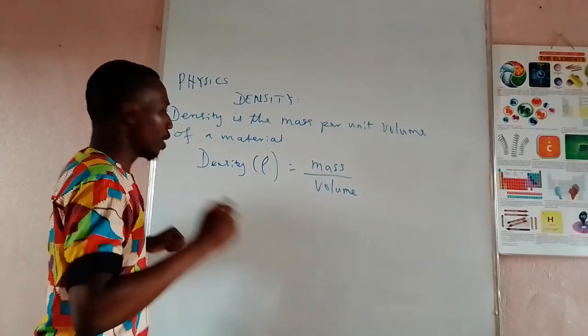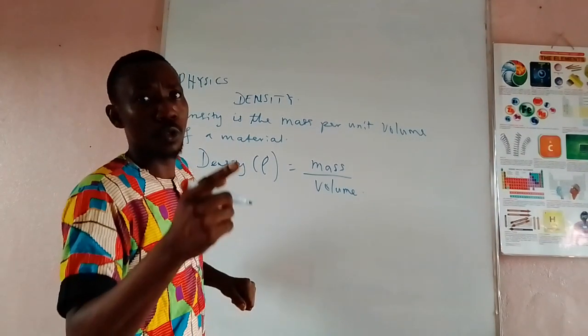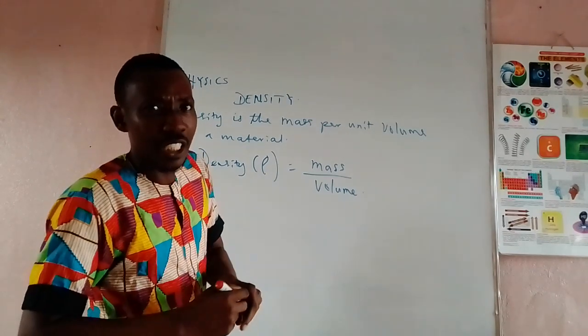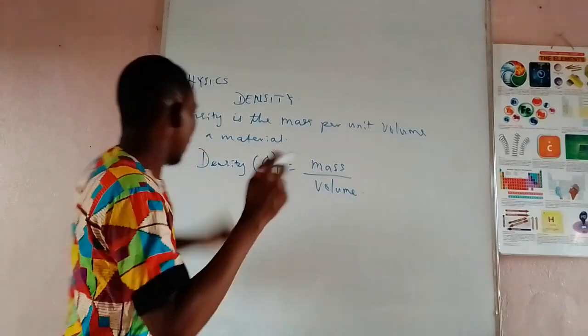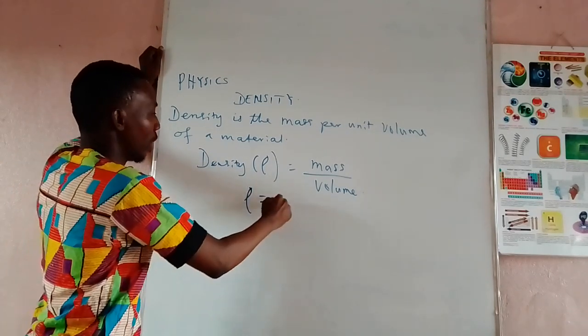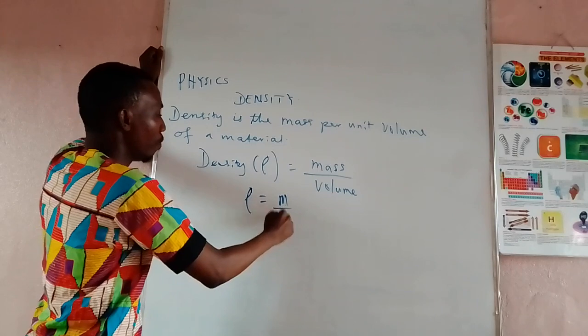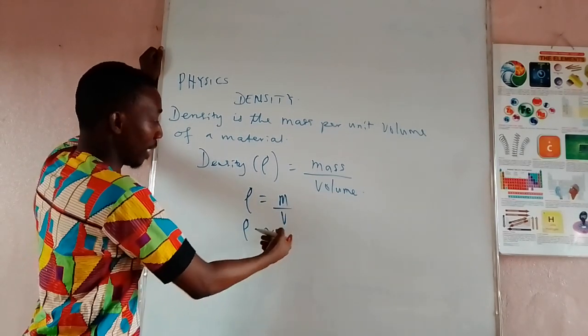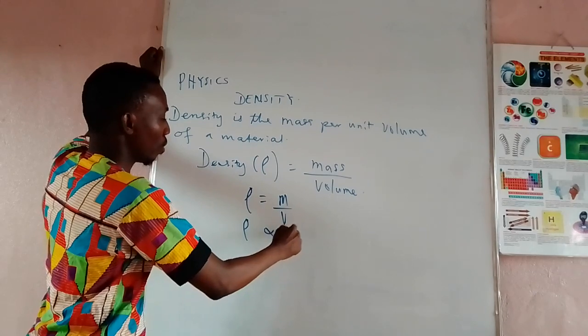For us to make anything float, we have to have a way of reducing the density. So you have to understand that in this formula, density is directly proportional to what? To mass.